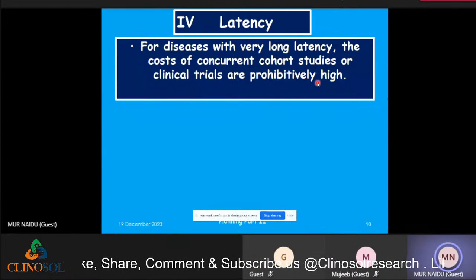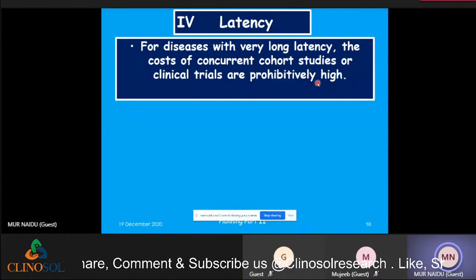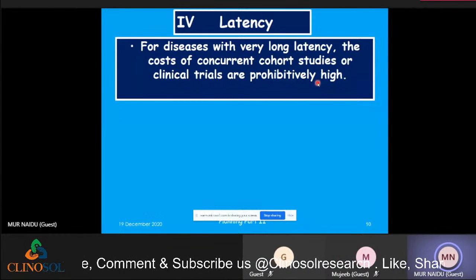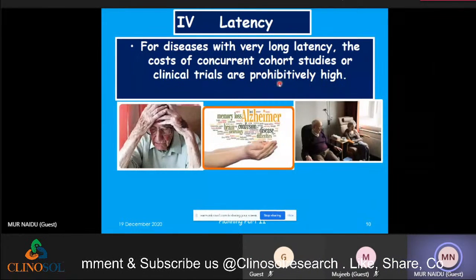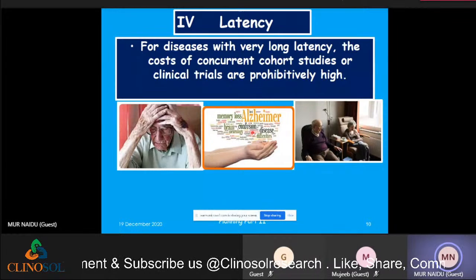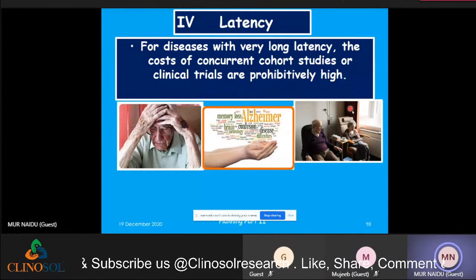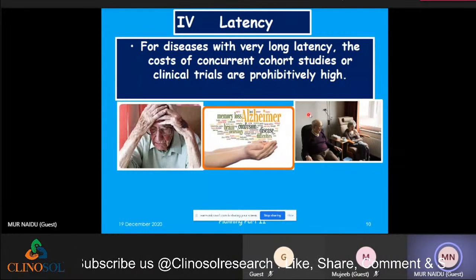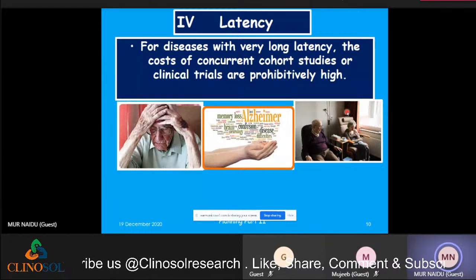Here I would like to give two very classical examples where the disease lasts for a very long time. One example is Alzheimer's disease. In Alzheimer's disease, the patient starts with very small memory loss, which may last for 1 or 2 years.